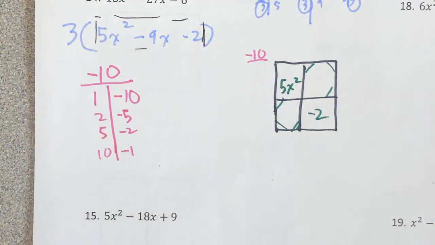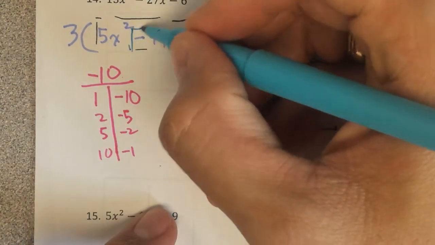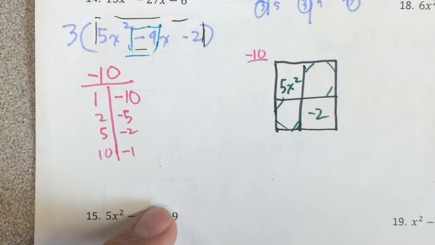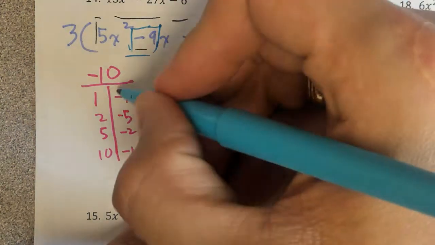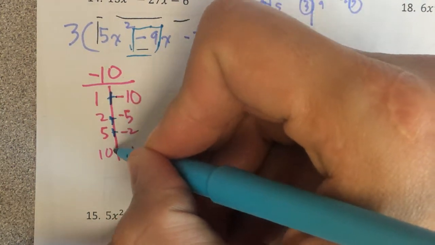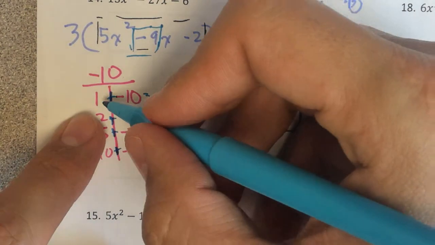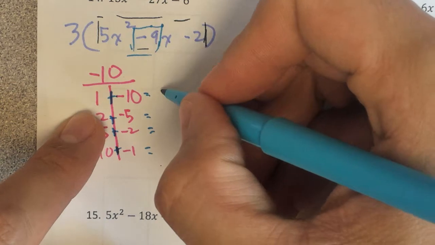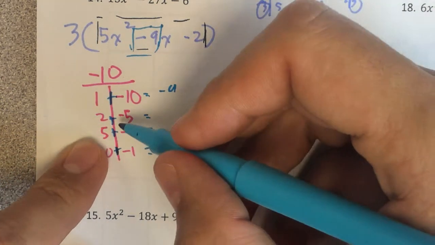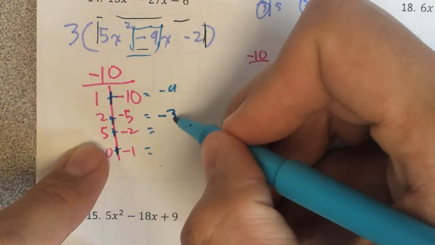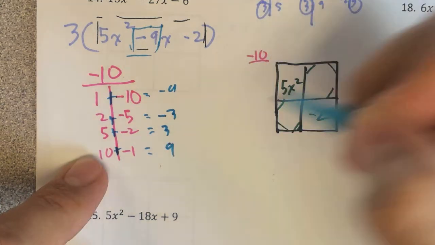What we need to do next is try to find negative 9. Which of these add up to negative 9? So 1 plus negative 10 is negative 9. There it is. 2, this is negative 3, positive 3, and positive 9.